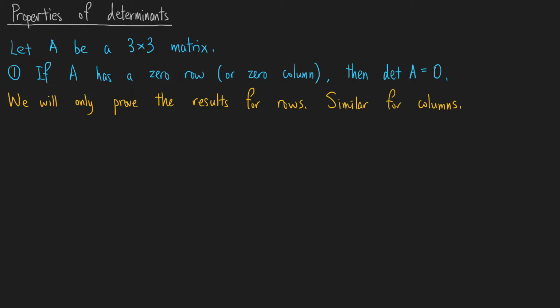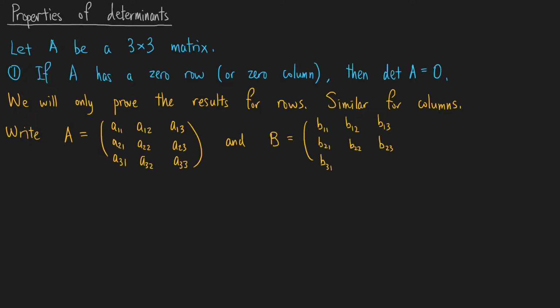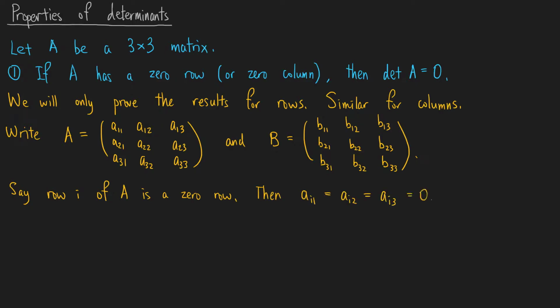As usual, we will use Aij to denote the entries for A, and Bij to denote the entries for B. Now let's assume that A has a 0 row, say row i. Then Ai1 equals Ai2 equals Ai3 equals 0.